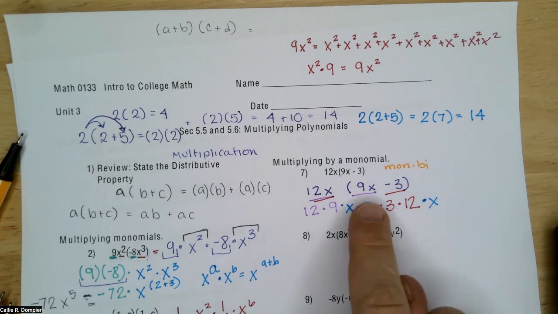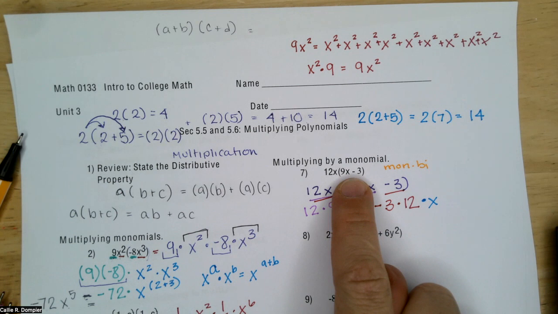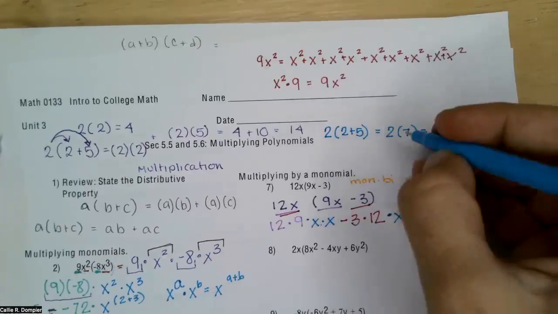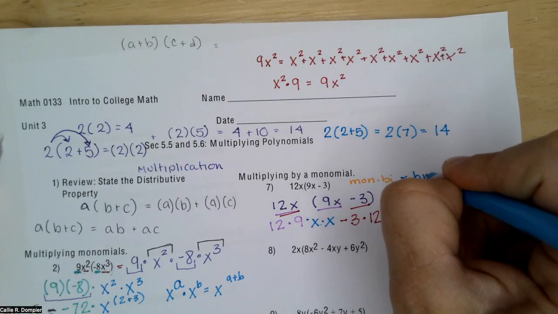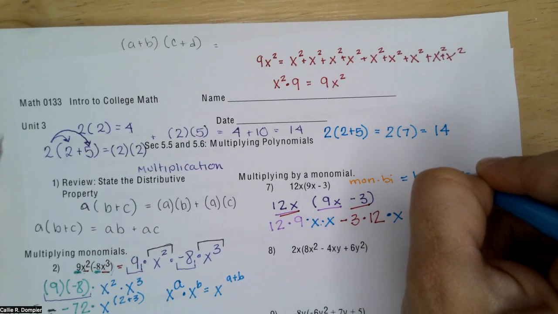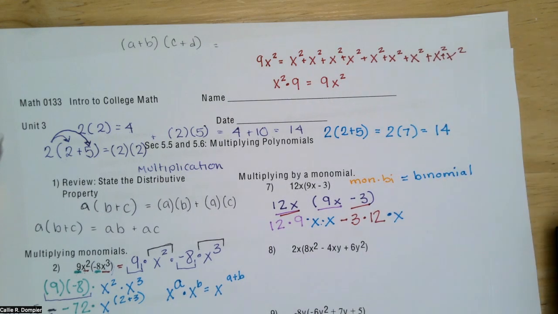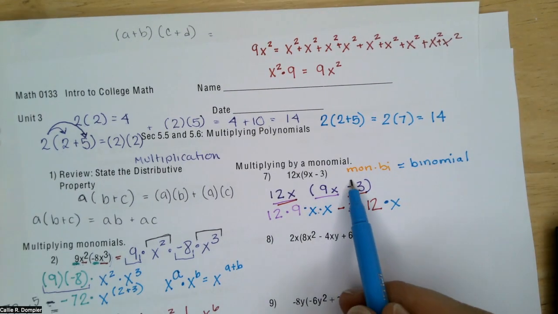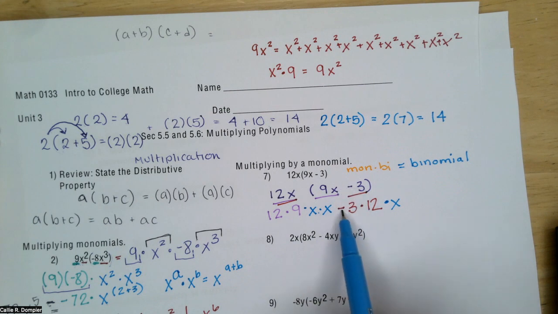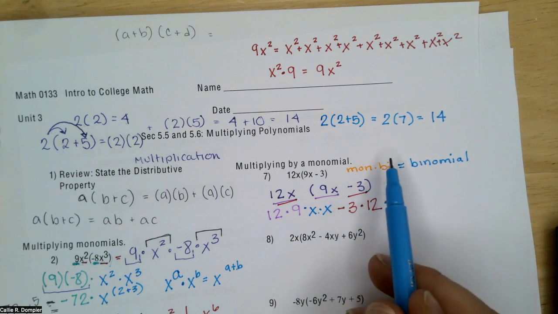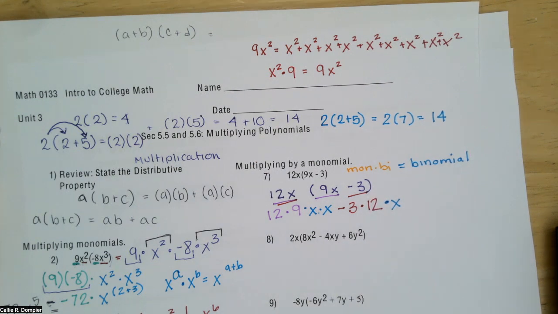So this was a minus sign between them. So you need a sign to remain between the two terms. So you're multiplying a monomial times a binomial. Monomial times a binomial is going to give me a binomial. Okay. I cannot forget that there was a sign of subtraction between them, so there should remain a sign of either subtraction or addition between them. Monomial times binomial is going to give me a binomial.